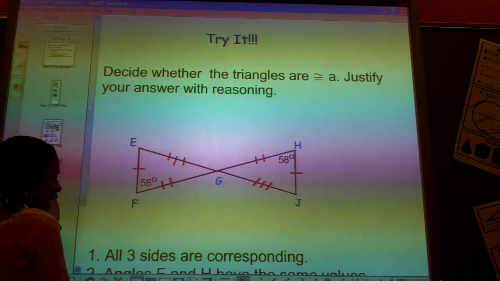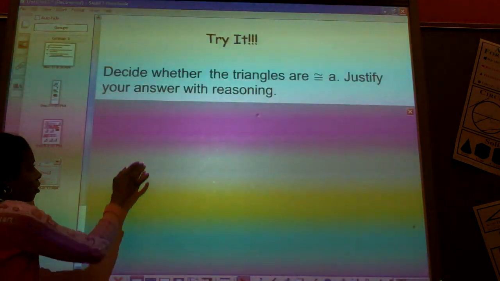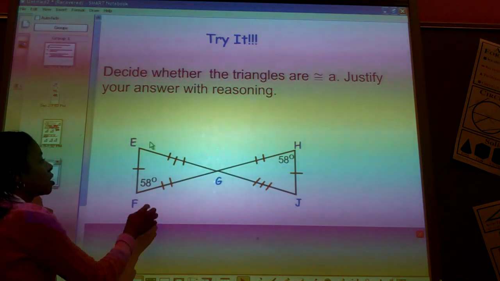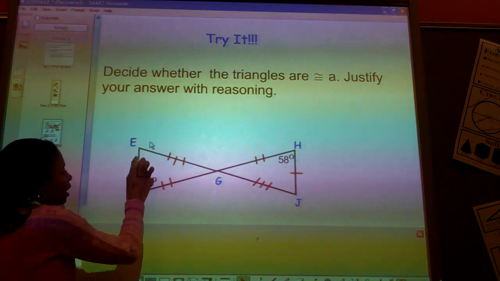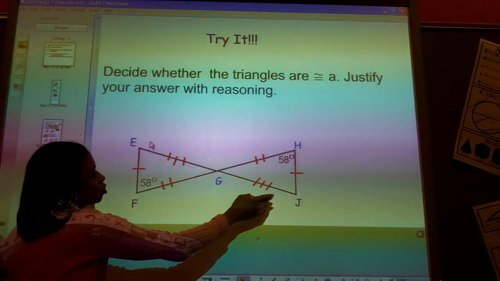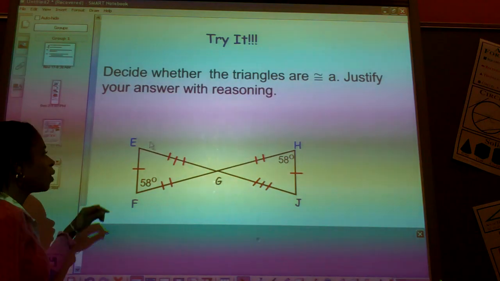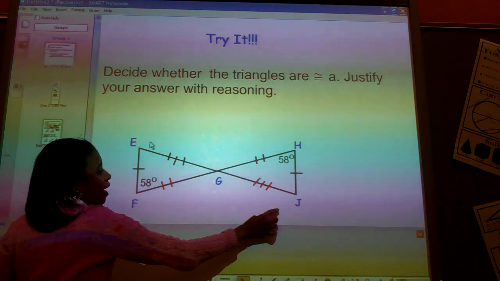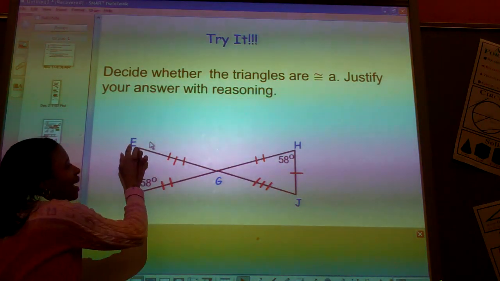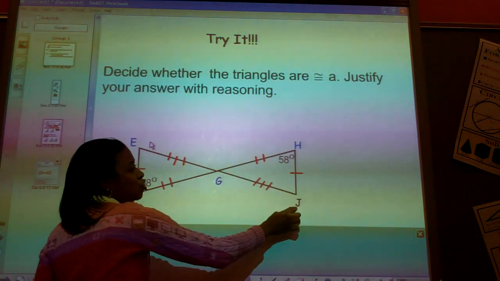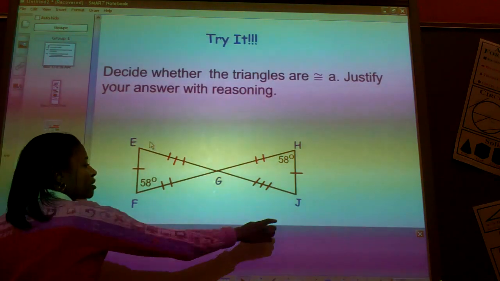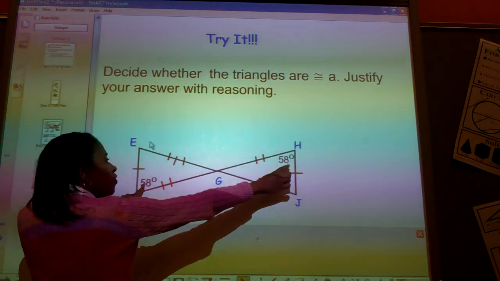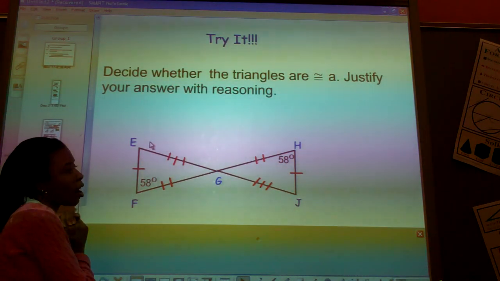When I look at this diagram, I believe they're congruent because, number one, EF corresponds to JH. Notice I named E first, and E corresponds to J. I did not say EF to HJ, because E corresponds to J, and I know that because F corresponds to H, since both of them have the 58-degree marker.